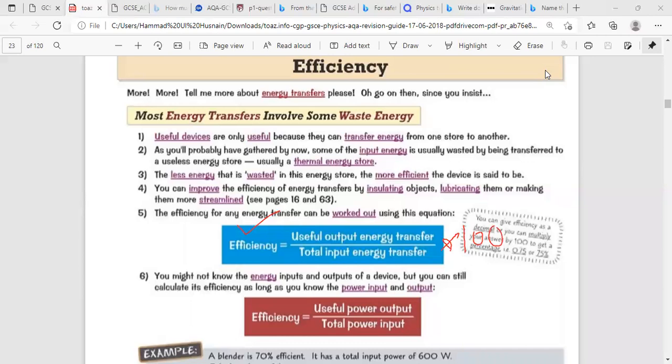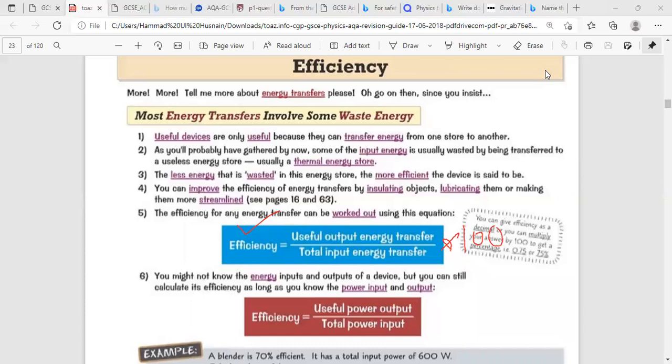You might not know the energy inputs and outputs of a device, but you can still calculate the efficiency as long as you know the power input and output, that is, how much power you are giving to a device and how much you are converting that power into useful output or useful work.